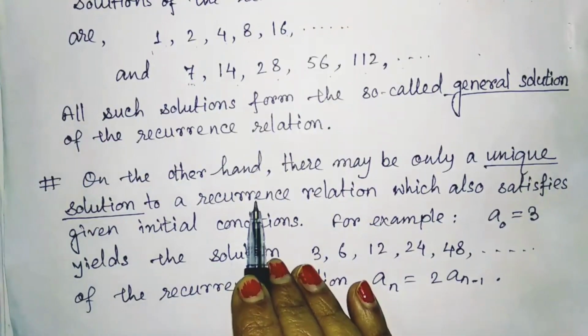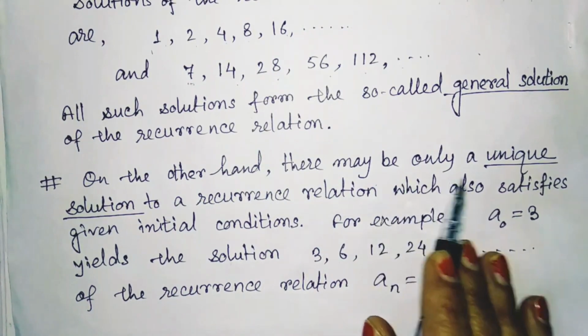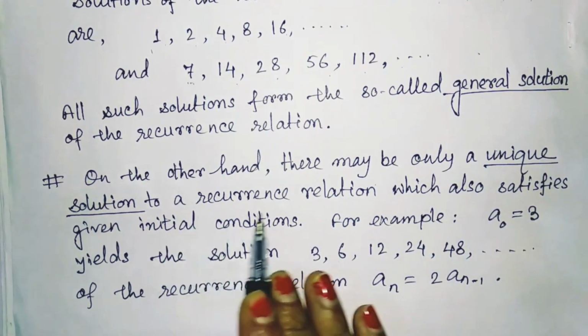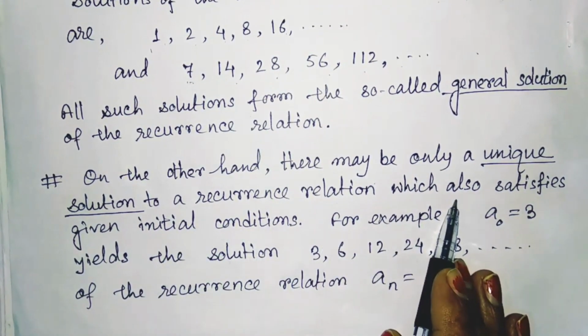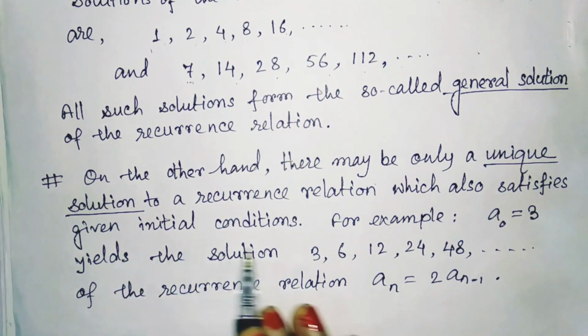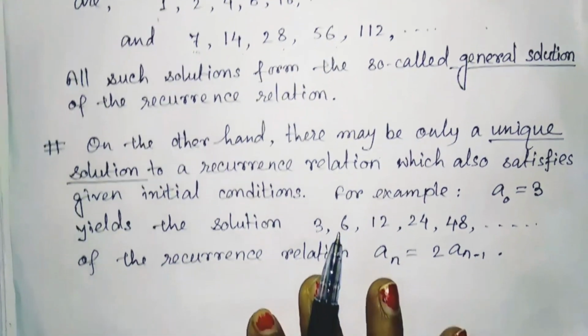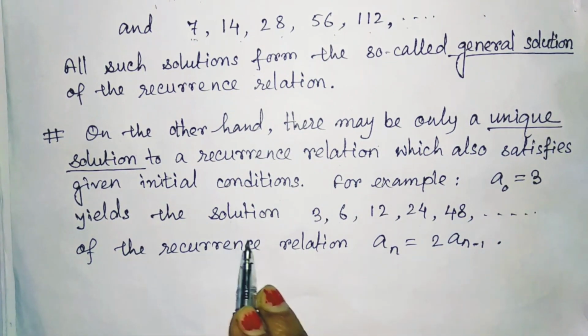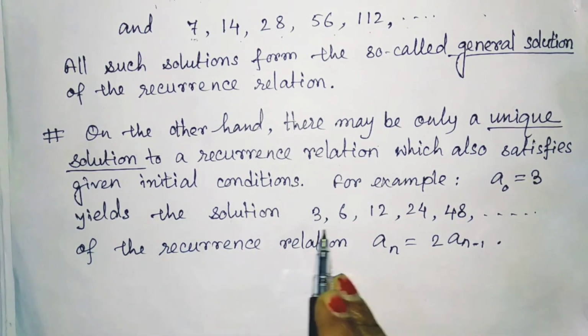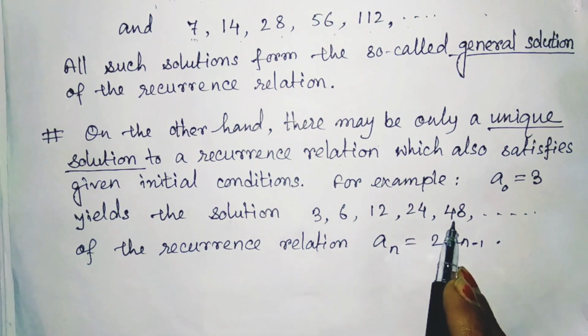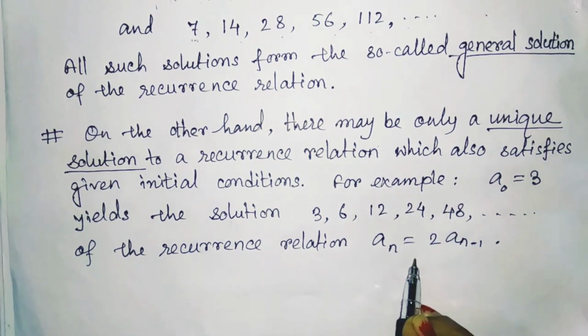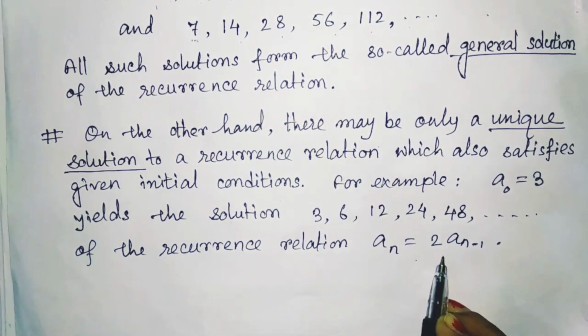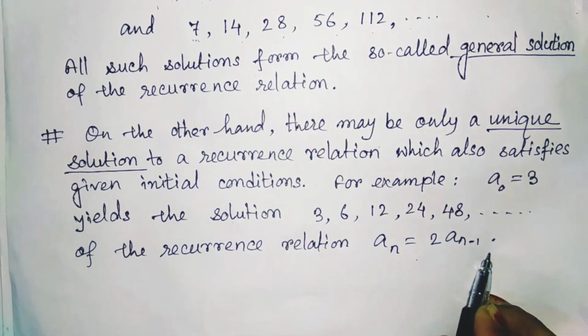On the other hand, there may be only a unique solution to a recurrence relation which also satisfies given initial conditions. For example, if a0 is equal to 3, it yields only the solution 3, 6, 12, 24, 48 when the recurrence relation is an is equal to 2 into an minus 1.